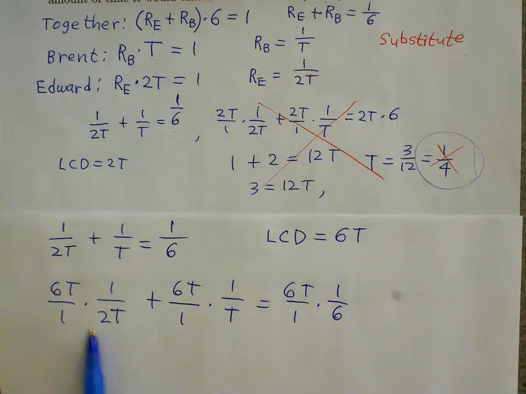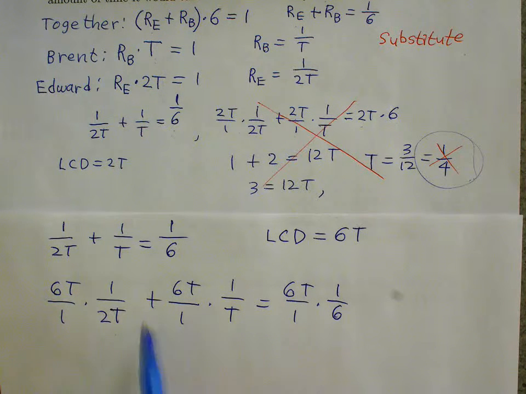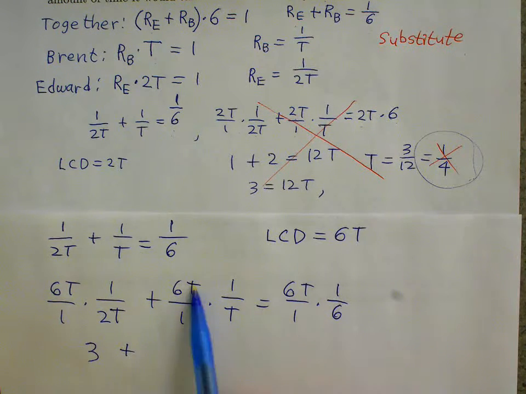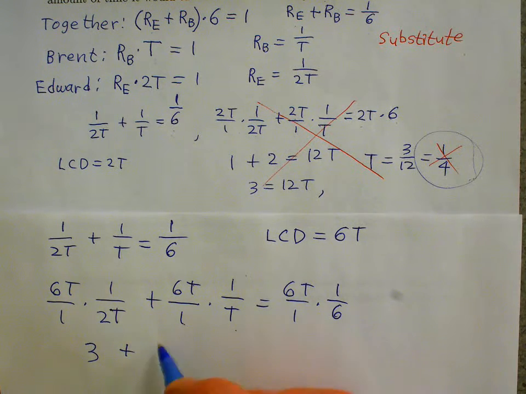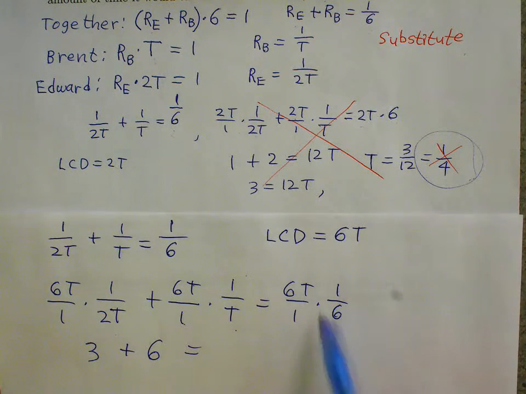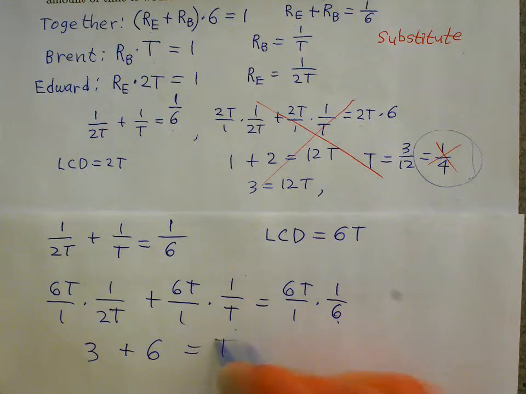Okay, on the left-hand side, 6t/1 times 1/2t. 2t goes into 6t 3 times, so this is 3. And then 6t/1 times 1/t, that's 6. 6t/1 times 1/6, the 6's cancel, so we get t.